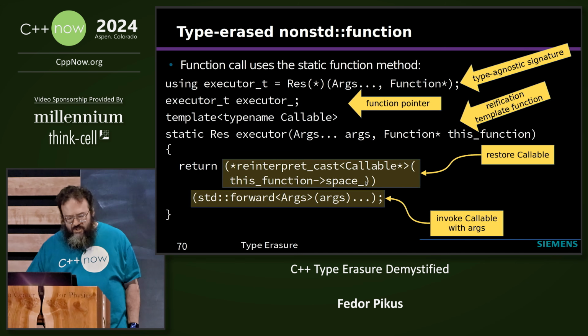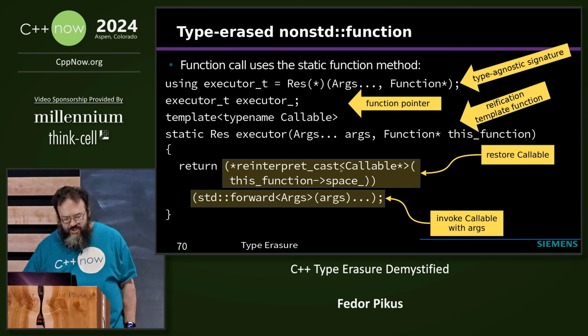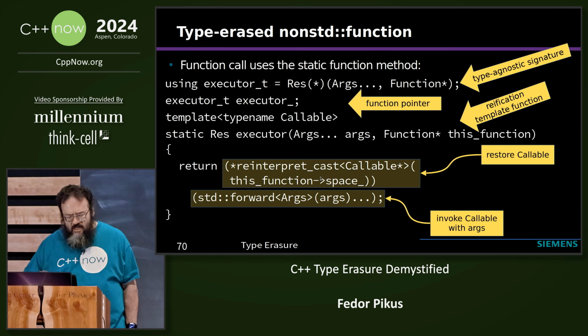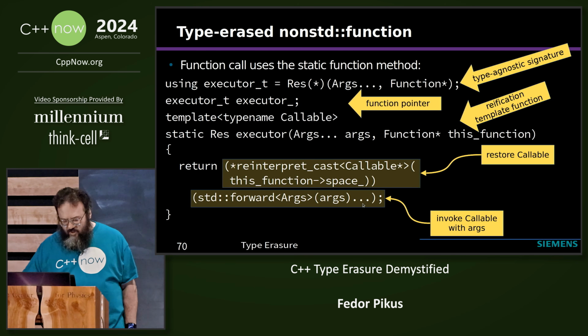And I pointed to the space buffer, which is my local buffer inside my function object. And if I had dynamic memory, I would be pointing to that. I'm going to cast this char star to my callable star, and I'm going to invoke it with arguments. That's all I'm going to do.